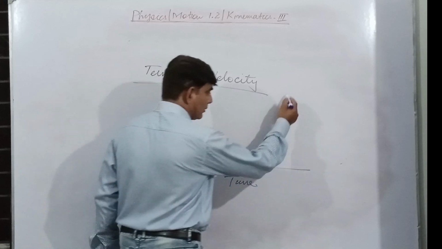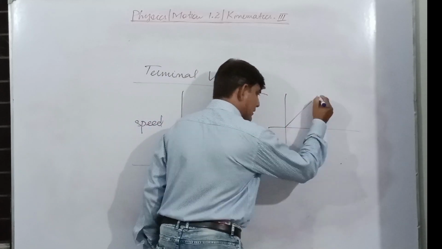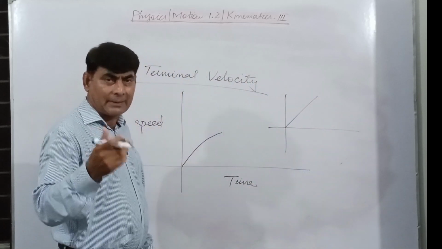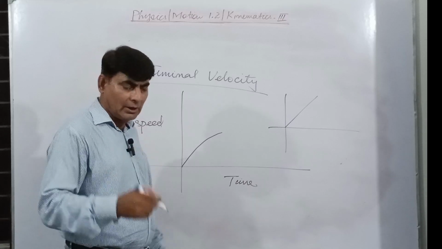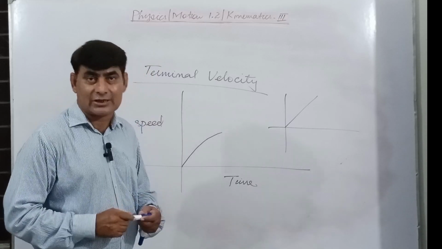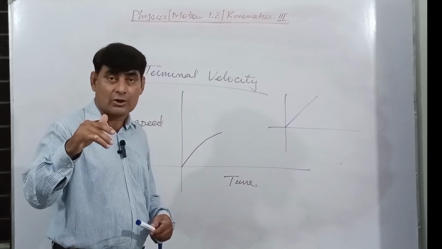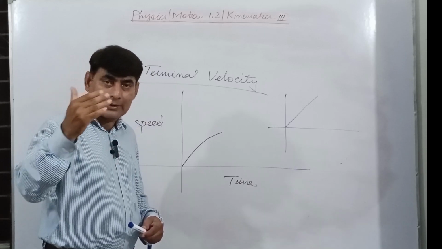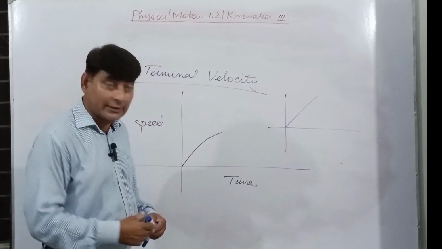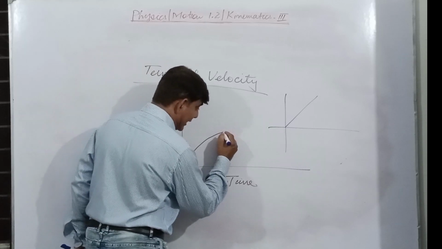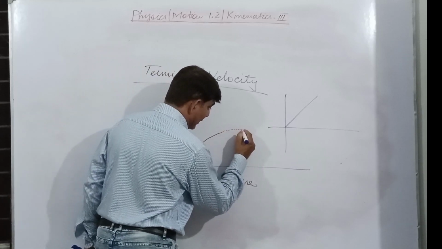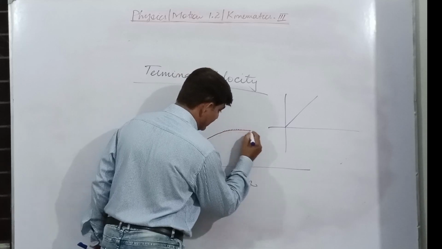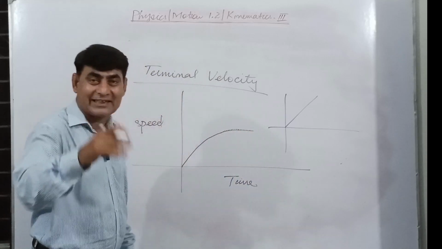Otherwise it would be moving like this as well, uniform. But I'm telling you, gravitational acceleration changes, from 10 to 9, 8, 7, 6, and then what happens? In reality, the line will become parallel to the x-axis.